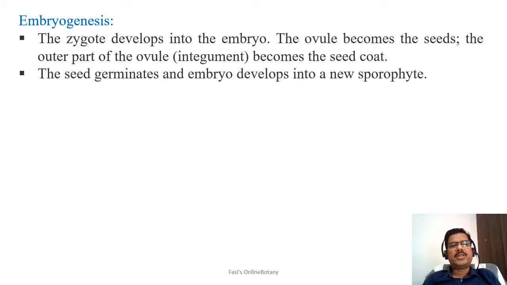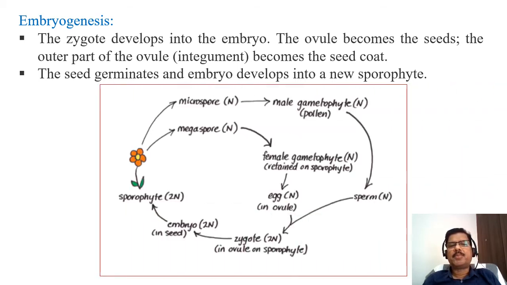During embryogenesis, the zygote develops into the embryo. The ovule becomes the seed, and the outer part of the ovule, that is the integument, becomes the seed coat. The seed germinates and the embryo develops into a new sporophyte.